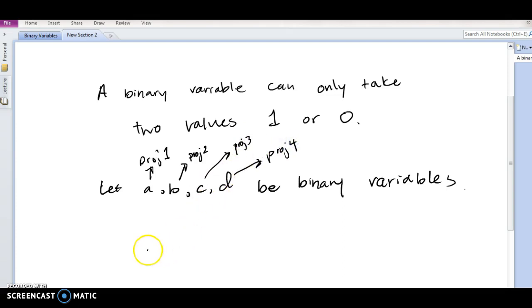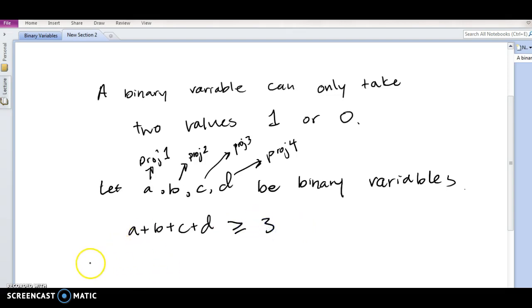So for the first one, at least 3 of them need to be done, and it doesn't matter which 3, so all we need to do is basically add them together, and if we do 3 projects, the sum total will be 3 or 4 if we do at least that many. So we just need to say if we add them all together, it's greater than or equal to 3.